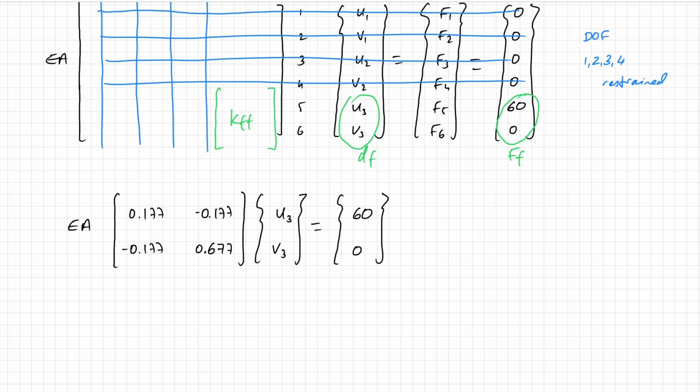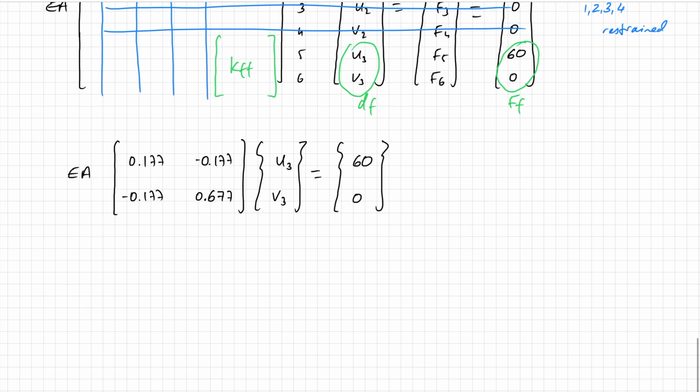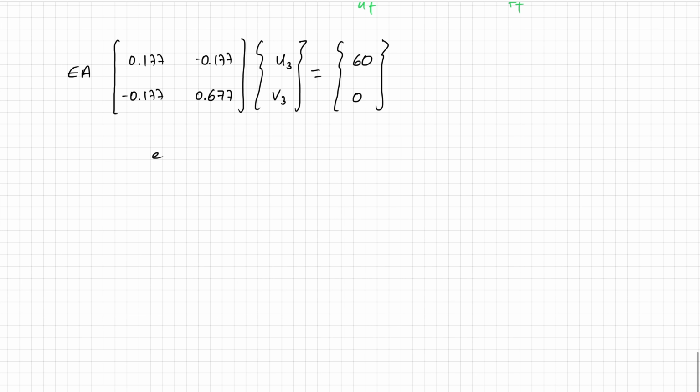And that really gives us 2 simultaneous equations. Let's write them down. So equation 1, coming from the first row, 0.177 times U3 minus 0.177 times V3, all that multiplied by EA equals 60.